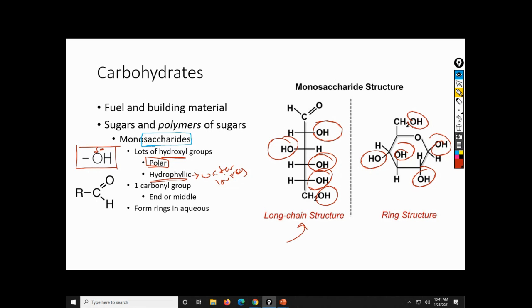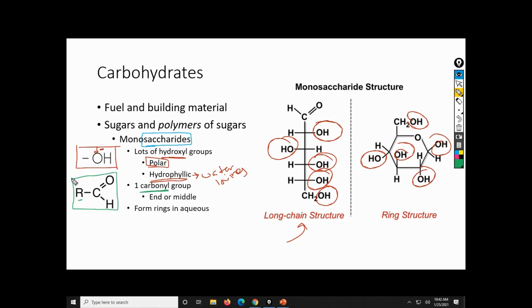Okay, the other thing, I'm going to change colors here, that we can use to recognize a carb is what's called a carbonyl group. Okay, this is significantly easier to see if I'm in the chain version. Okay, so this looks like this.